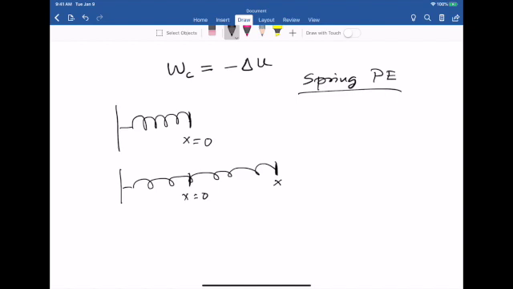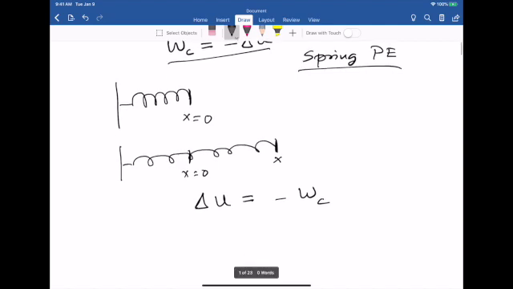Okay, so we can very easily calculate the change in potential energy of the spring, which is just delta U, from the definition of potential energy. So delta U for the spring, the change in potential energy, is equal to, from our equation there, the negative of the work done by the conservative force, right?